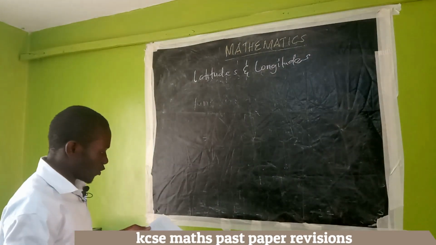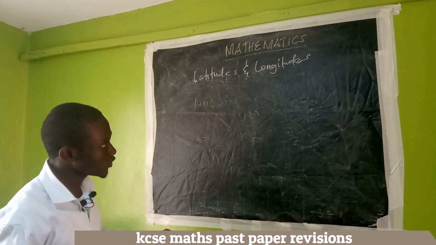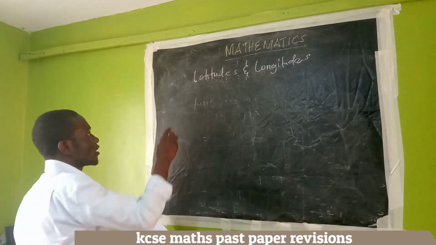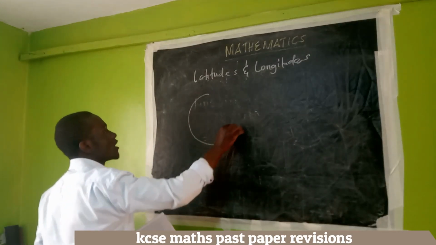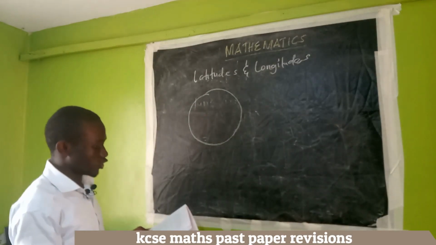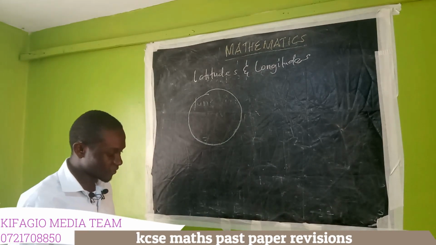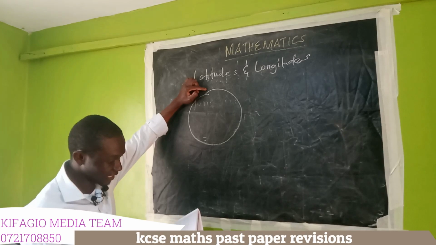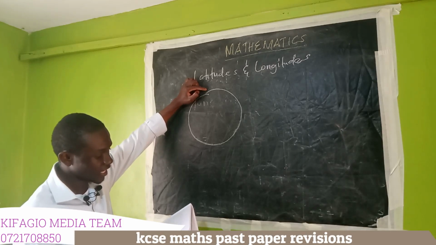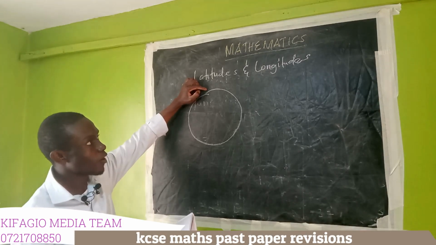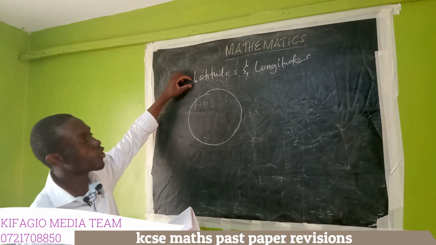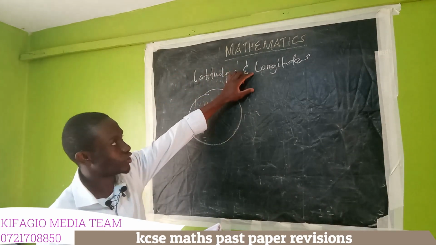So when you get such a question, it's important to draw a sketch of the globe. You have been told that two aircraft A and B took off at the same time on Monday from Jomo Kenyatta International Airport, and the position of Jomo Kenyatta International Airport is 1 degree south and 37 degrees east. Remember, while describing the position of a place, you first state the latitude followed by the longitude.